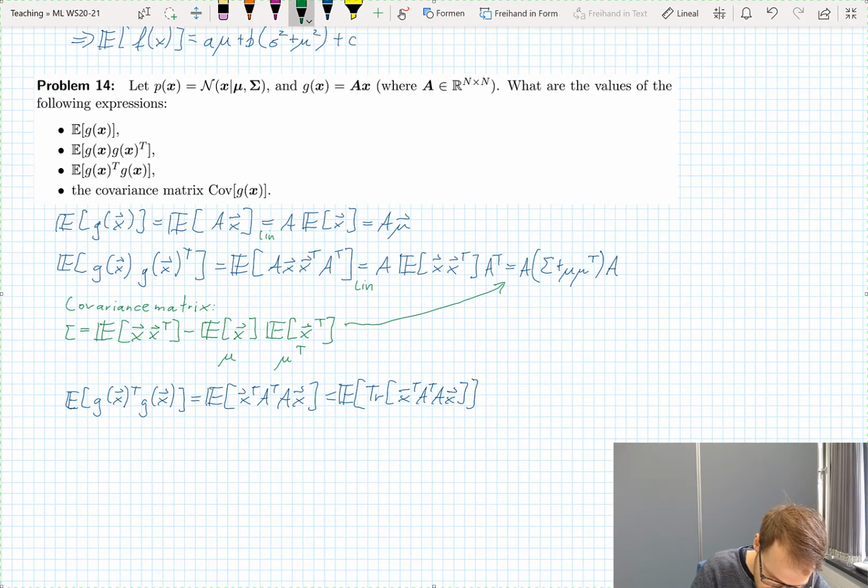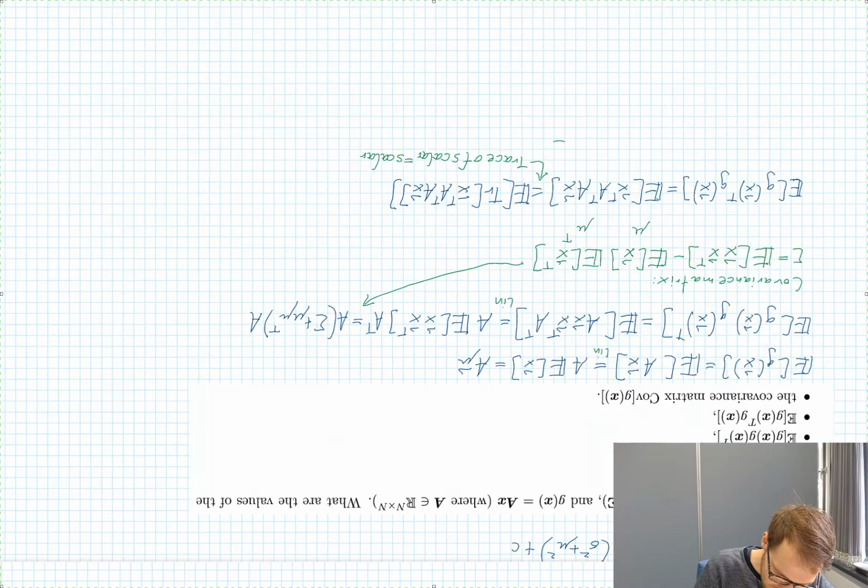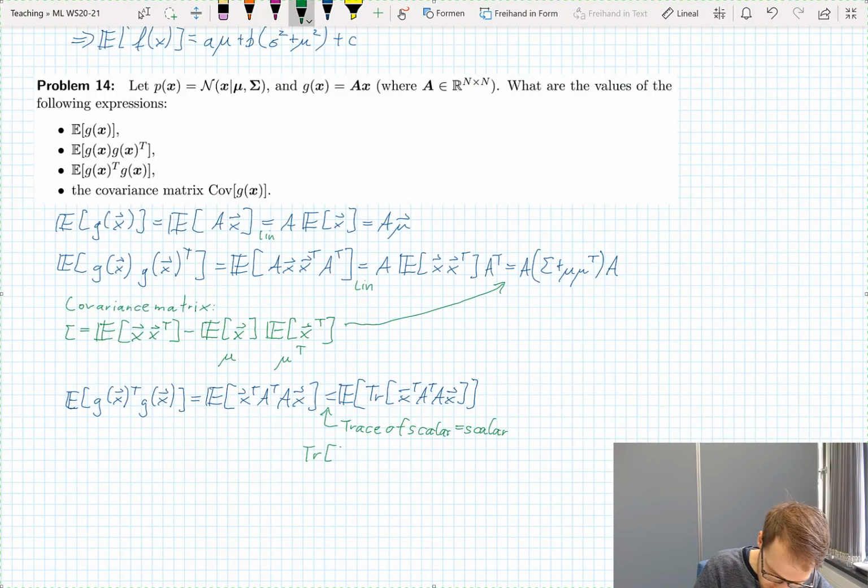So the reason for this is trace of scalar equals scalar. If you're not familiar with the trace of a matrix, let's call it M, it's basically the sum of its diagonal.